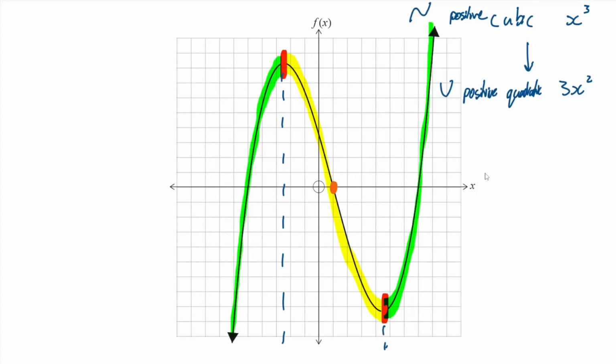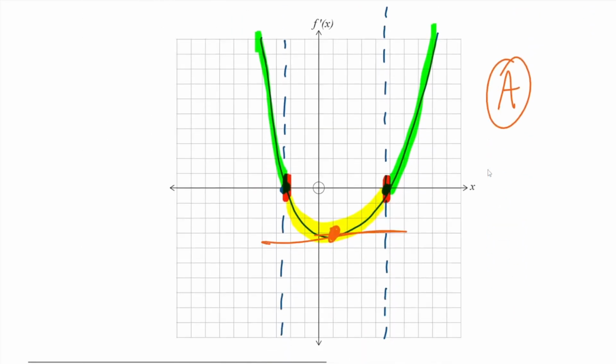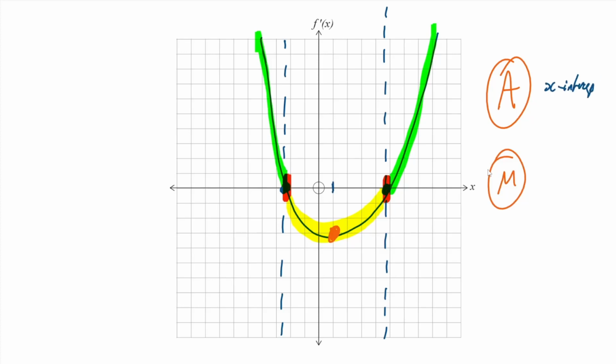It's decreasing the most, so our gradient will be the most negative. In other words, the minimum will be approximately in line with x equals 1. And so if we did both the intercepts correctly and the turning point at approximately 1, then that would be merit.